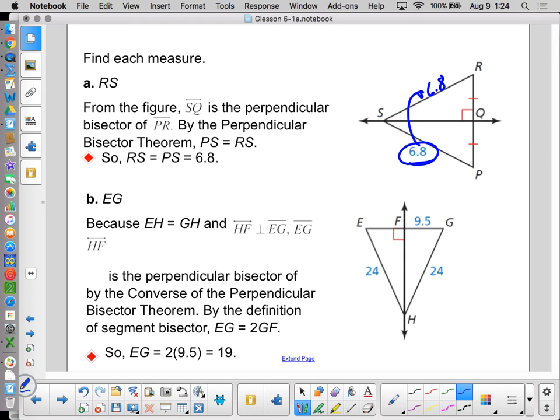The second one proved that it is the perpendicular bisector. Well, since H is equidistant from E and G, and it is perpendicular, this must be on the perpendicular bisector, which means EF also has to be 9.5. We have congruent triangles, all sorts of things going on here.